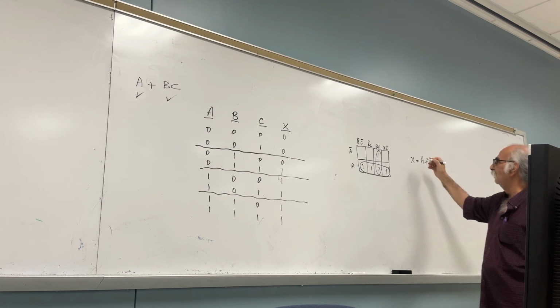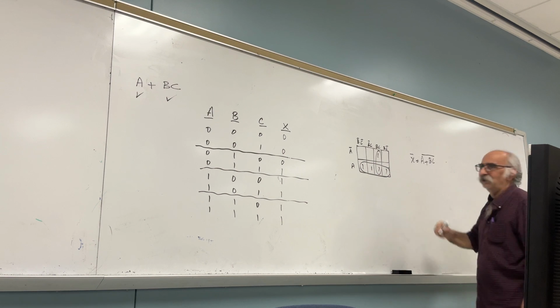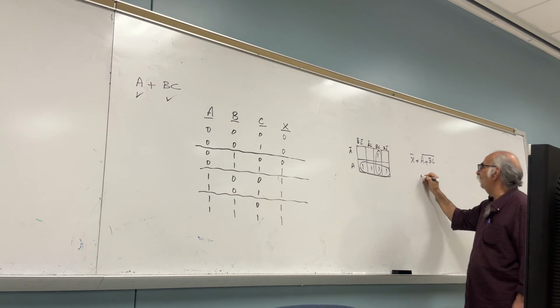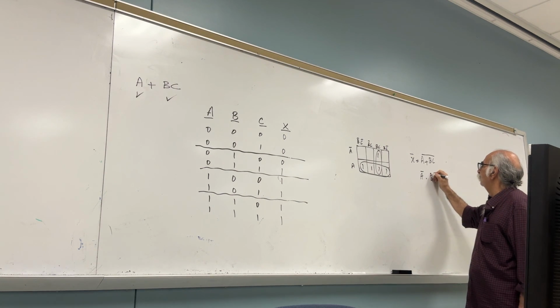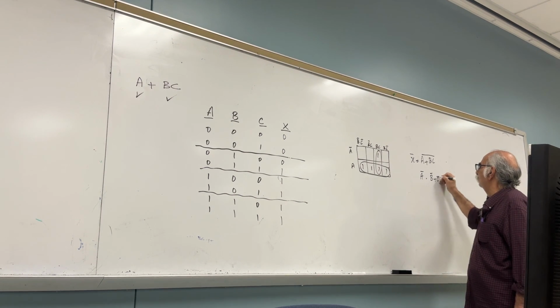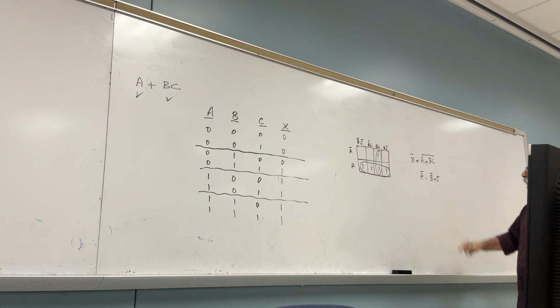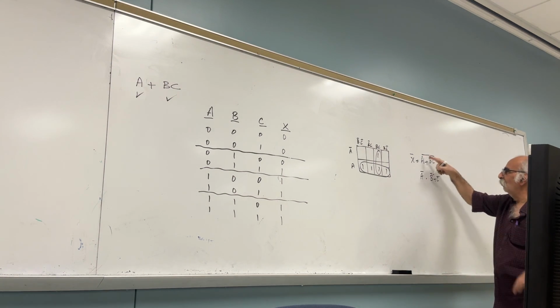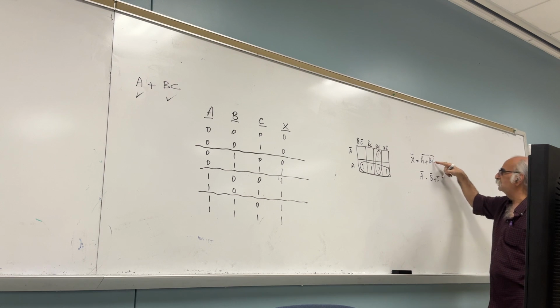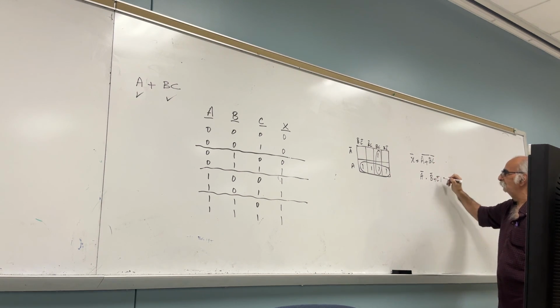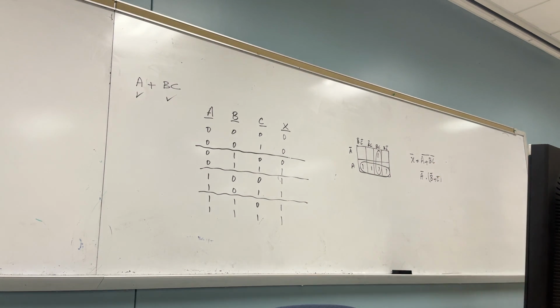What do I need? Agree? Okay, one more time. Complement of A bar, this becomes AND. Bar BC is what? B bar or C. Did you get it? Yes. So what is it?